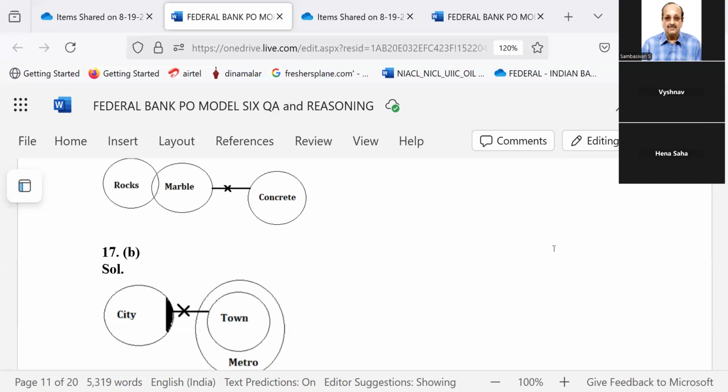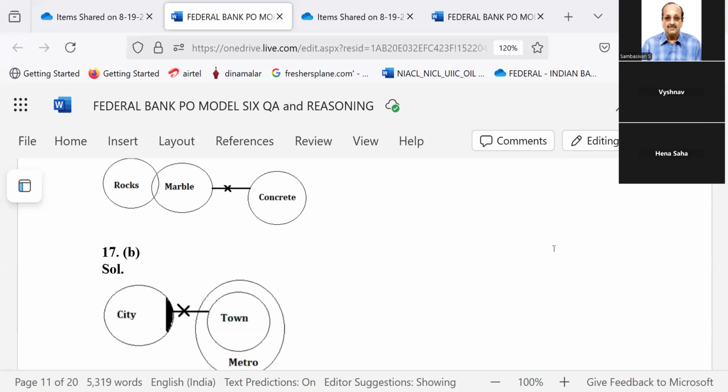All city being metro is a possibility because all towns are metro. So if all cities become towns, then all cities being metro is a possibility. Very awkward, very difficult one.